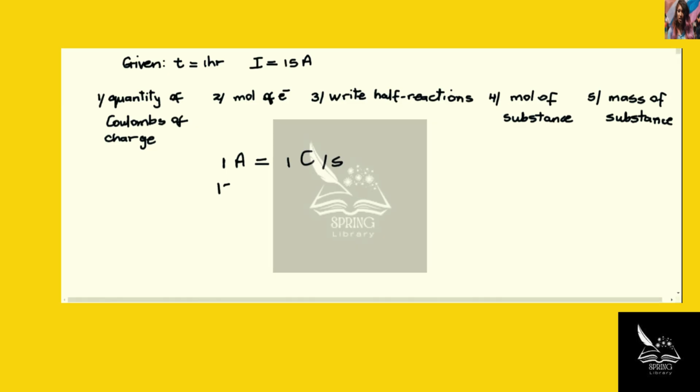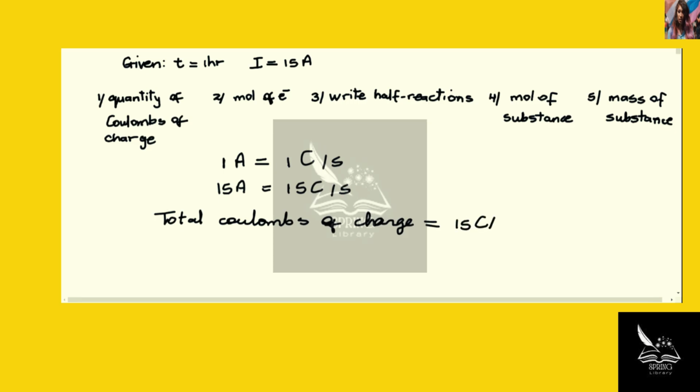1 amp is equal to 1 coulomb per second. So 15 amps is equal to 15 times 1, which is 15 coulombs per second. So total coulombs of charge is equal to 15 coulombs per second multiplied by time.